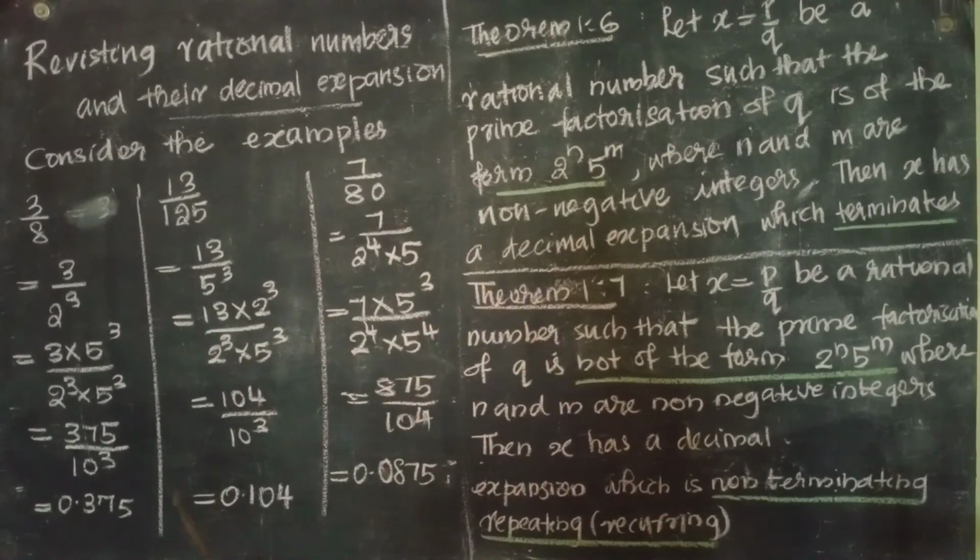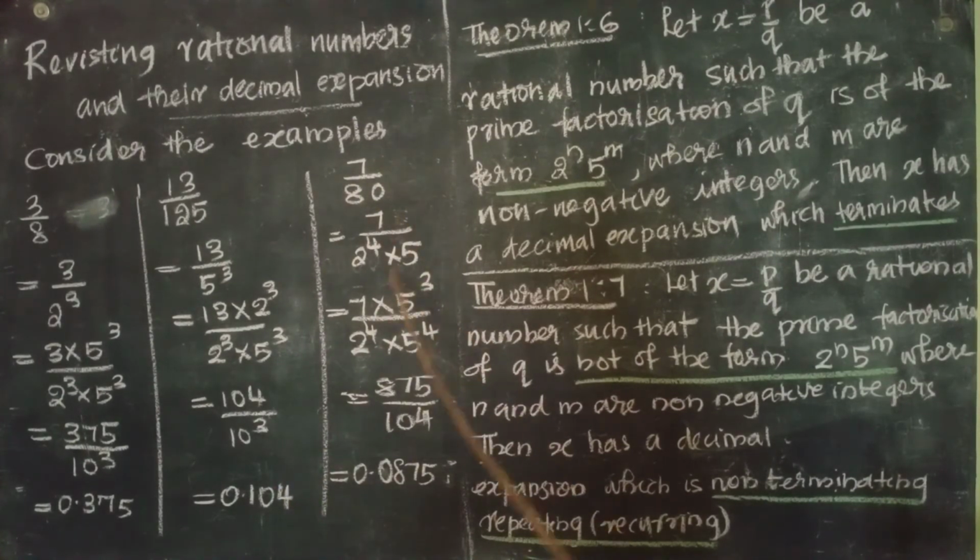So we got all the decimal expansions terminating. So if the denominator has prime factors powers of 2 and powers of 5, its decimal expansion is terminating. If it is not, it is non-terminating, repeating or recurring.